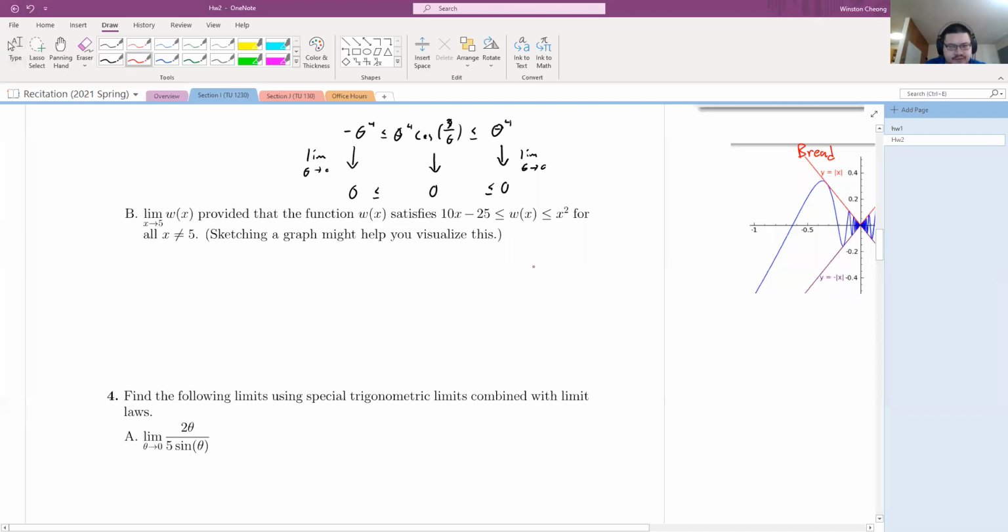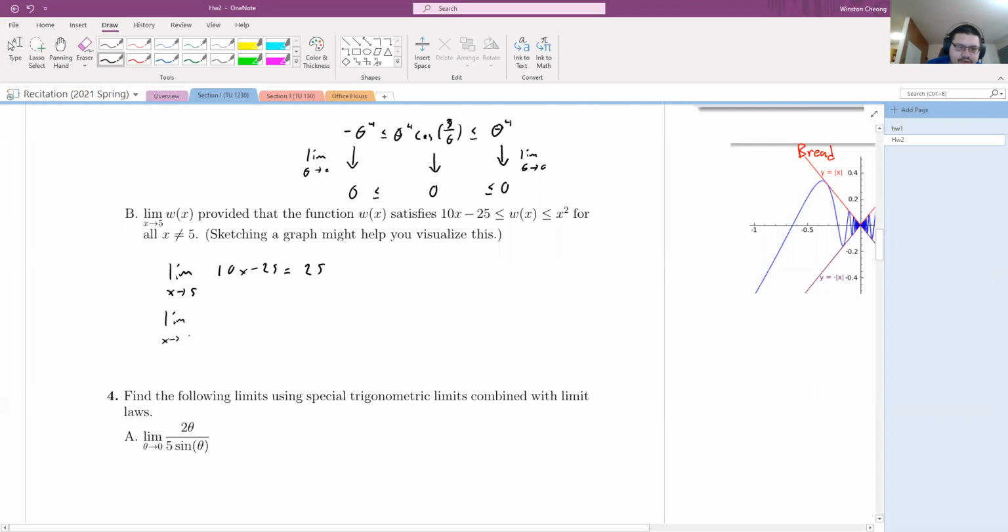Yeah, well, we can do the same setup, actually. So maybe for this one, I'll try to do this in words. The limit as x goes to 5 of this lower function, well, I can plug in, I'll get 25. I'll get 50 minus 25, which is 25.